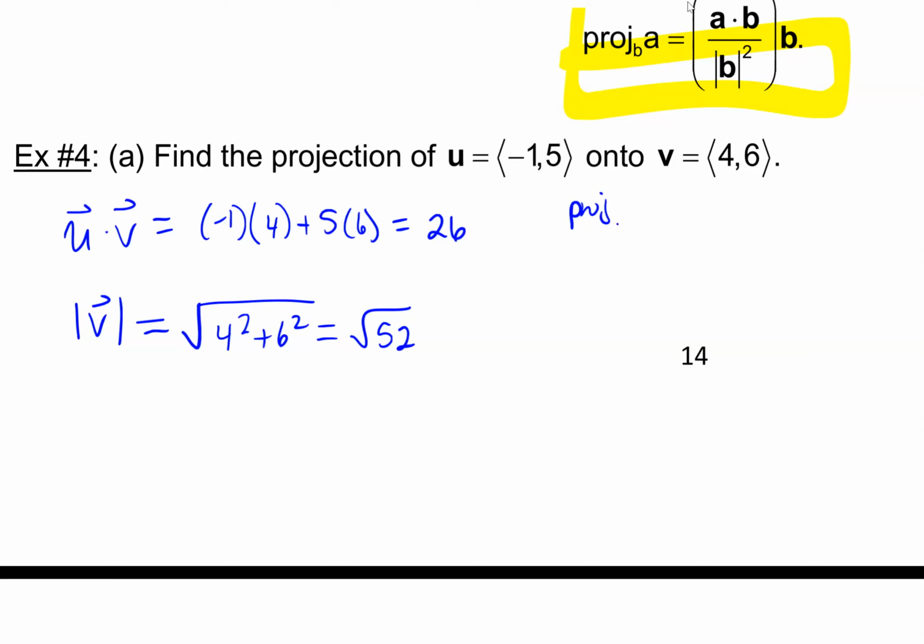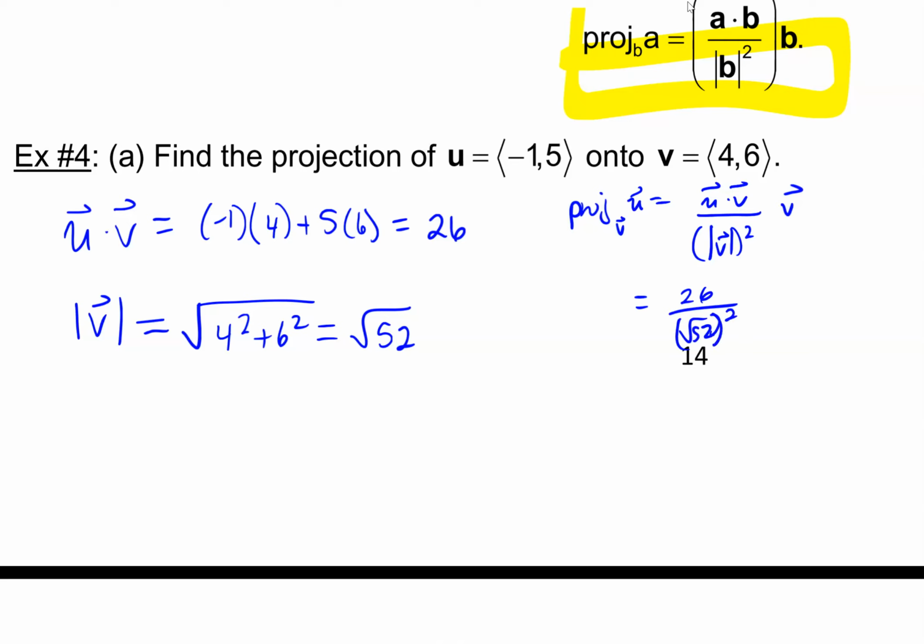Now the projection of U onto V. Whatever's onto goes on the bottom. I'm looking at the equation, U dot V over the magnitude of V squared, times the vector V, which is 4, 6. So this is going to be 26 over square root 52 squared.